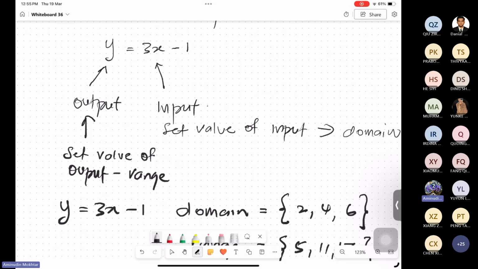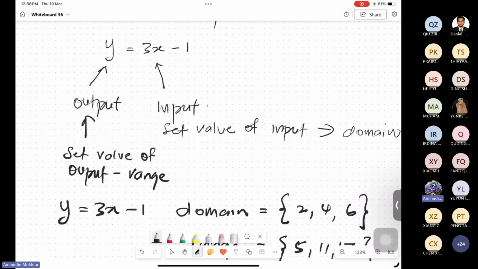The value of y depends on the value of x. Normally, we need to identify what is x before we can get y. So, in other words, x will determine y. The value of y is determined by x.